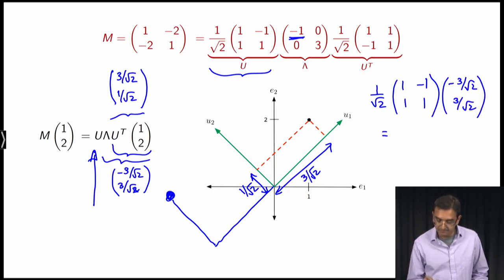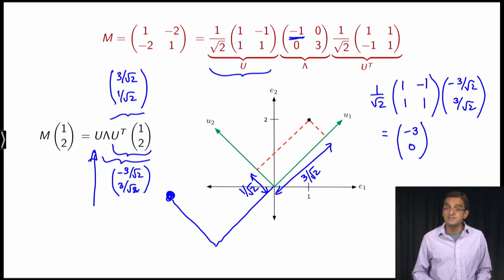And what do we get? Let's see. We get negative 3 over square root 2, negative 3 over square root 2. So that's negative 6 over square root 2. Okay, so we get negative 3 and negative 3 over, so negative 3, 0. And that's the answer in our original coordinate axes.